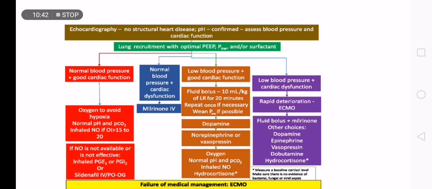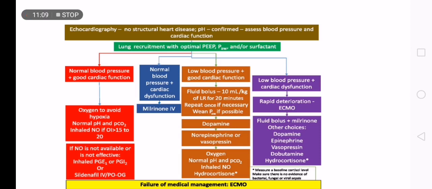If we have normal blood pressure and good cardiac function, oxygenation is mandatory to avoid hypoxia and normalize pH and CO2 in the blood gases. We might need inhaled nitric oxide. If it is not available, we might use inhaled prostaglandins or sildenafil, IV form or per oral or nasogastric tube.